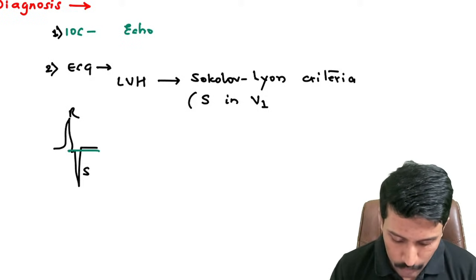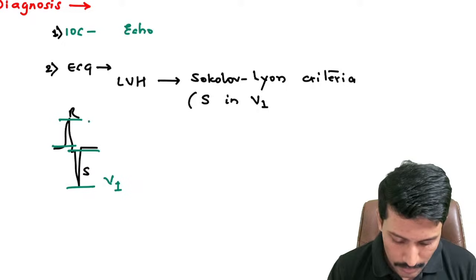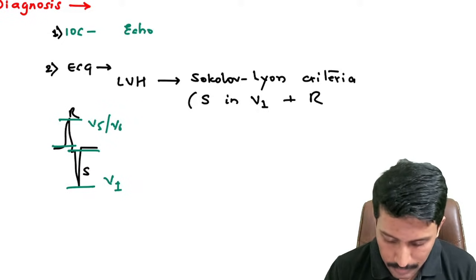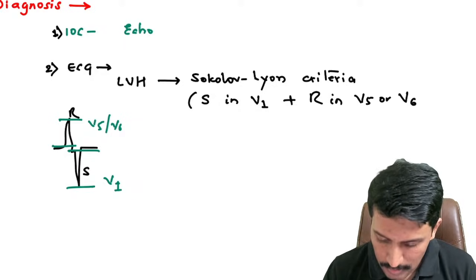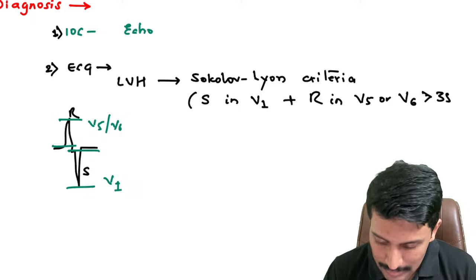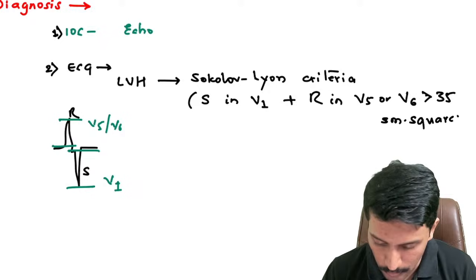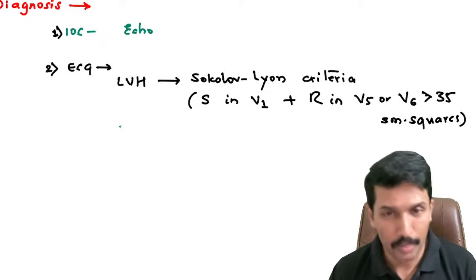So we look at the depth of the S wave in V1 and the height of the R wave in V5 or V6. S in V1 plus R in V5 or V6: if it is more than 35 small squares, it indicates left ventricular hypertrophy.